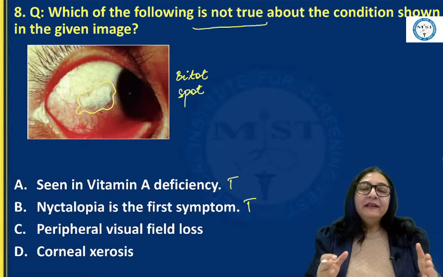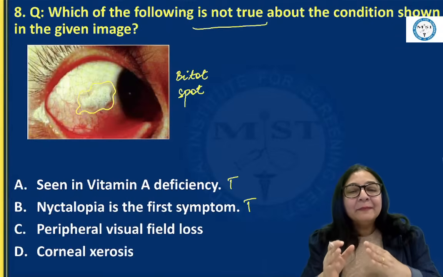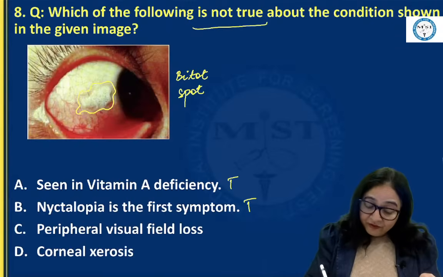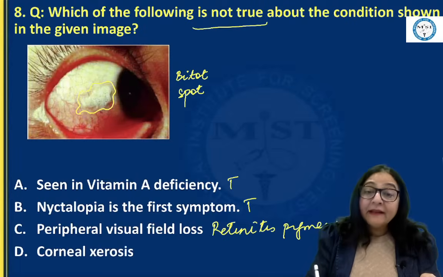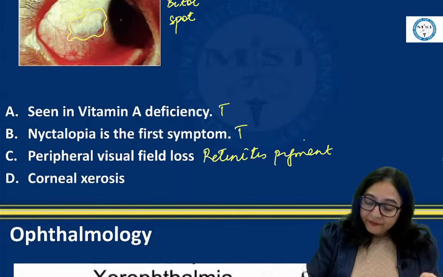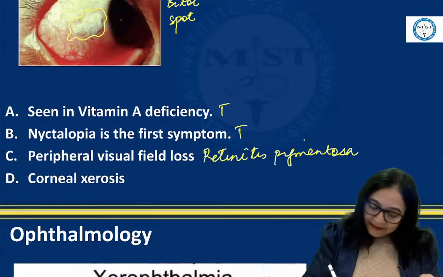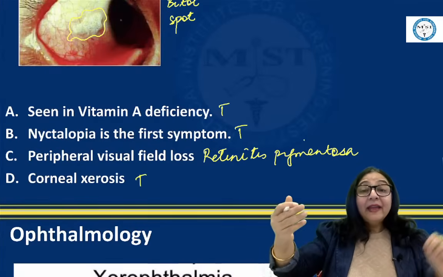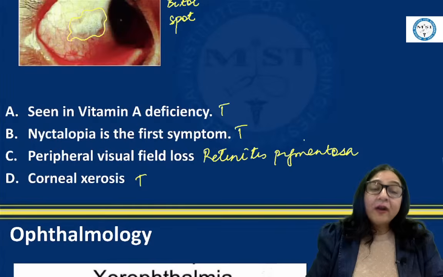Peripheral visual field loss, that is not a feature of vitamin A deficiency, that is a feature of retinitis pigmentosa, beta. Okay, right? So this is not true of Bitot's spot. Corneal xerosis, yes, because if it progresses to the next stage, that is the stage of corneal xerosis.